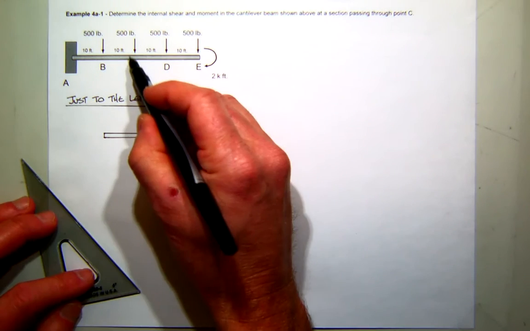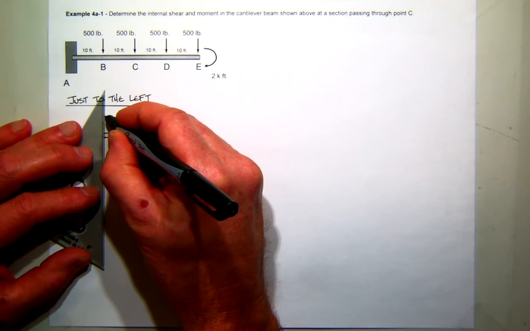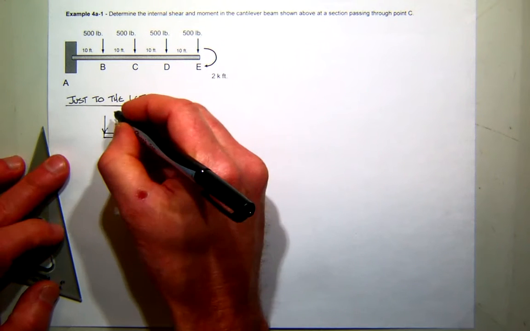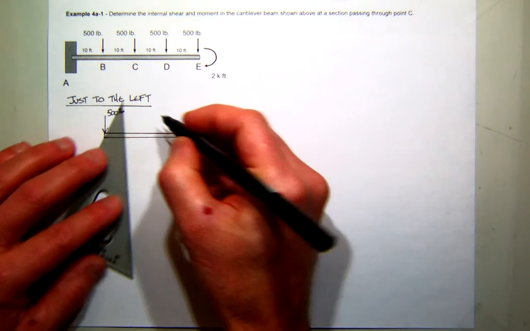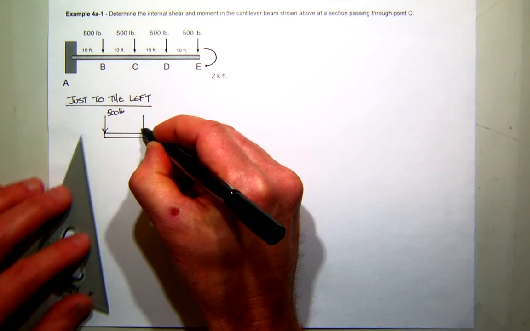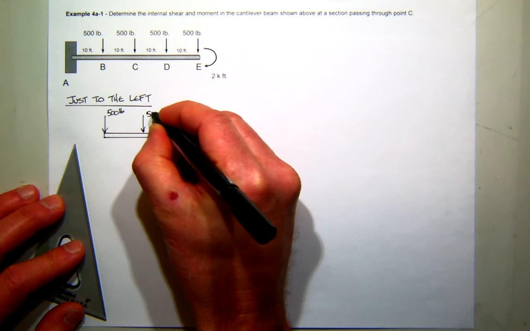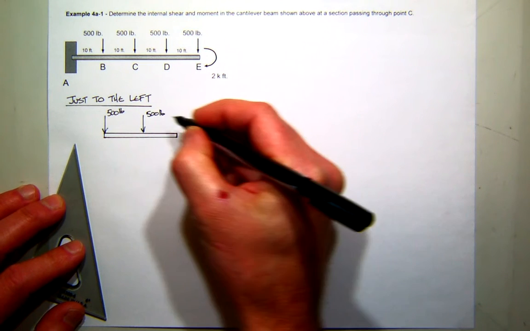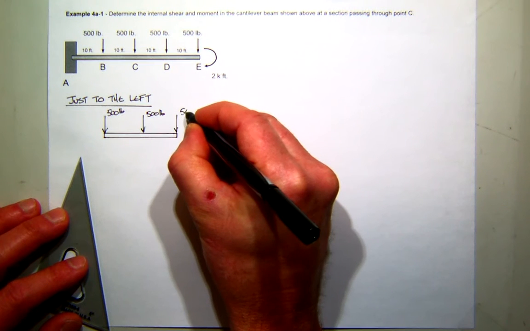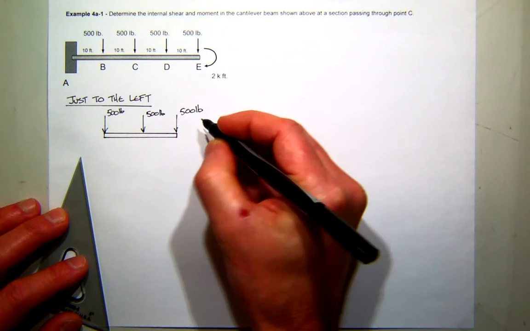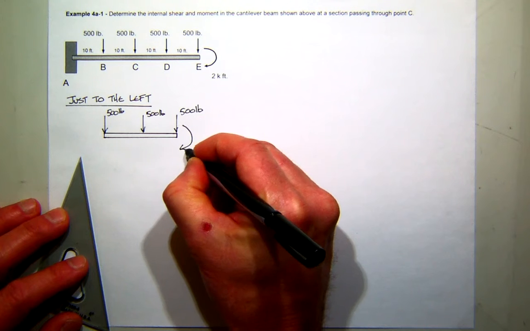And since I'm cutting it just to the left, I get the 500-pound force at C, and then there's a 500-pound force at D, and then again another one at E, and then we have this moment applied at the end.